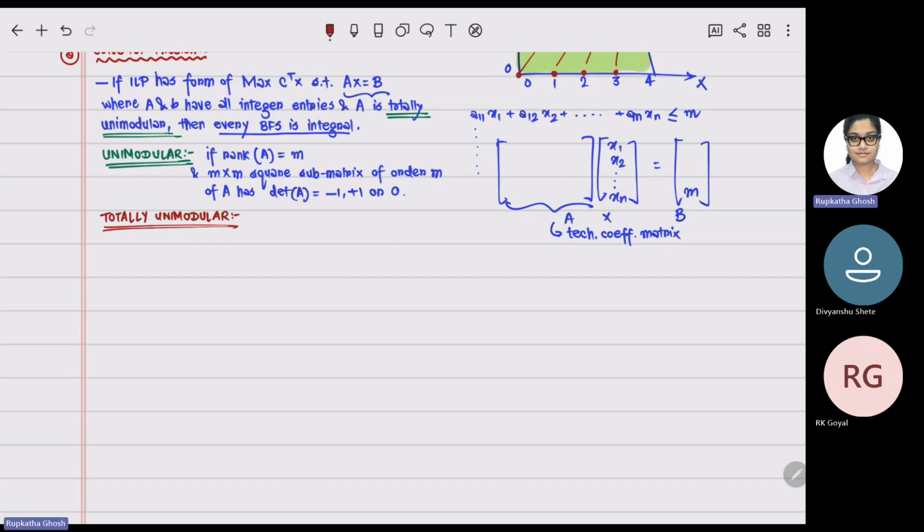Okay, what happens here is that let's say every k by k square submatrix of order k of A has a determinant equal to -1, +1, or 0. Okay, where of course k has to be less than or equal to the minimum of m and n.